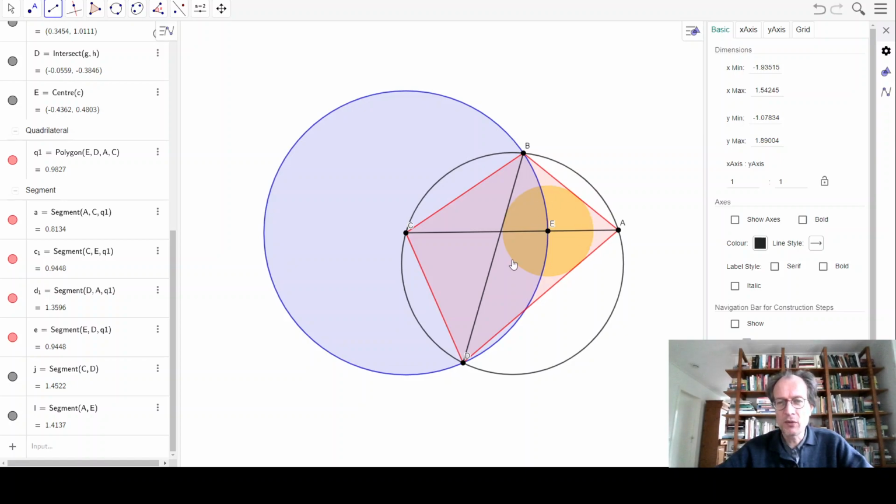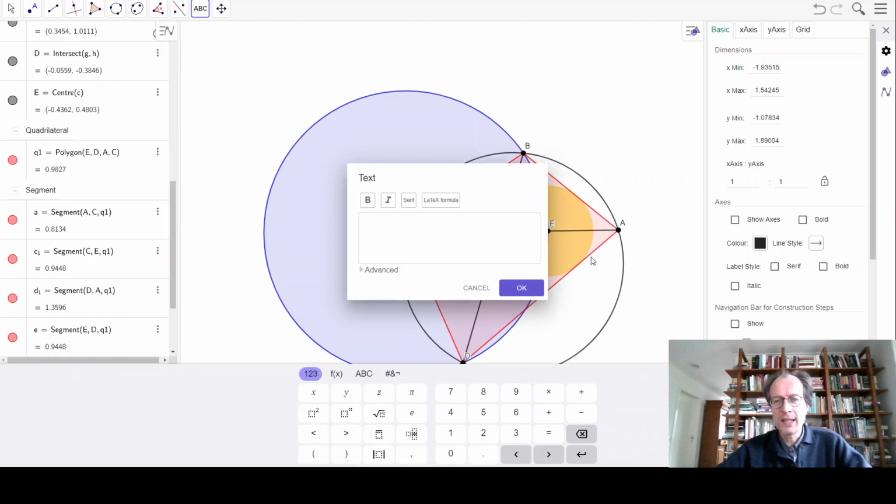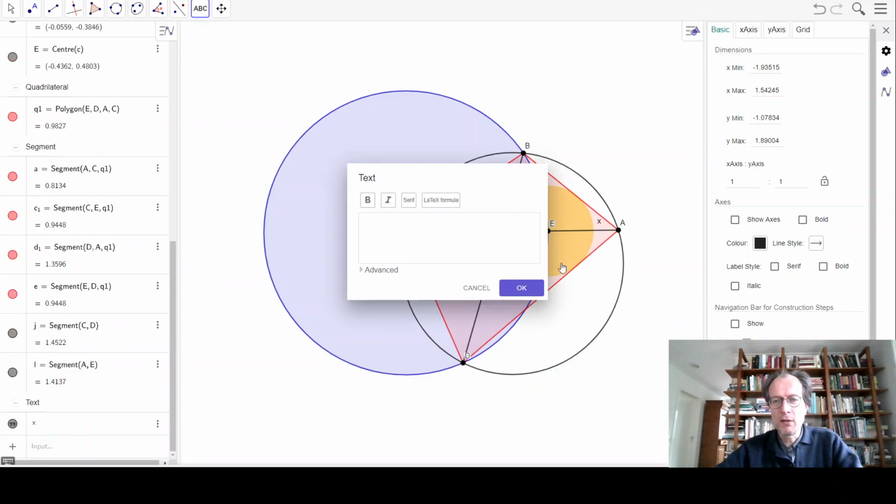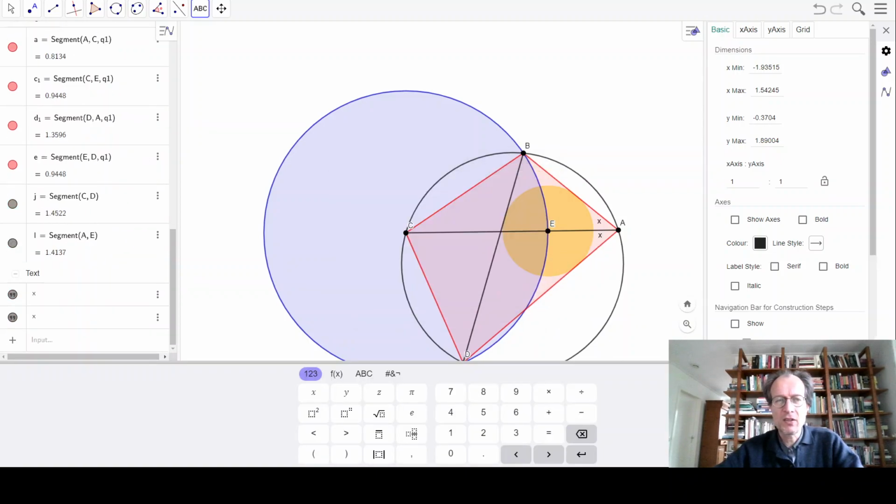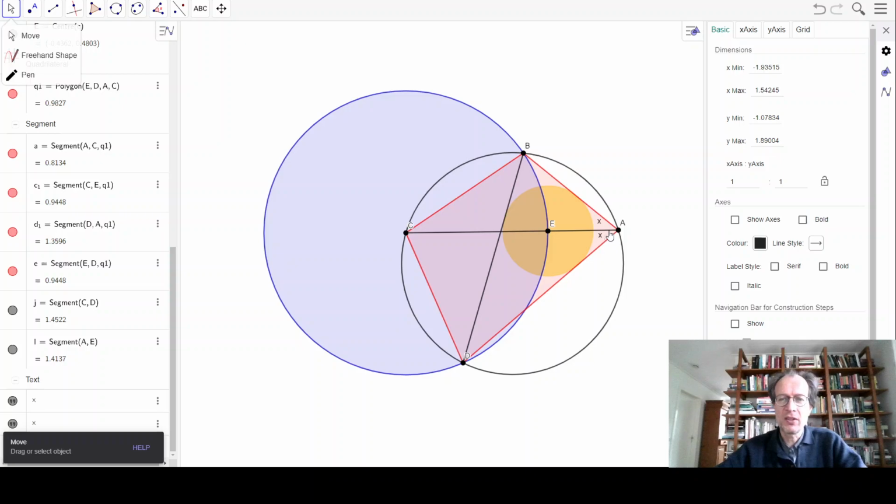So all three angles are bisected by the line through the incenter E. Now here it's obvious that it does, because those are two tangents, and the tangent theorem states that, let's call this angle X. Over here we have an angle X, and over here we have also an angle X. That's basically the tangent theorem. Those angles are the same. That's because those are two tangents.